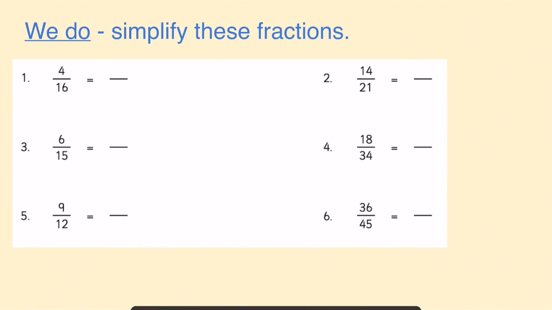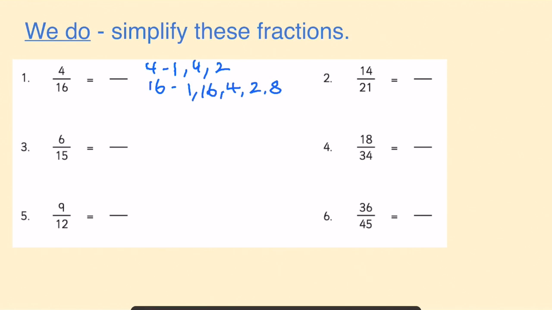Let's have a look at these ones together. These ones are slightly easier, so if you wanted to do them after, alongside me, or if you want to pause me and then have a go at 1 or 2 on your own first, that is completely fine. I'm going to start with 4. The factors of 4 are 1, 4, and 2. The factors of 16 are 1, 16, and 4, and 2, and 8.